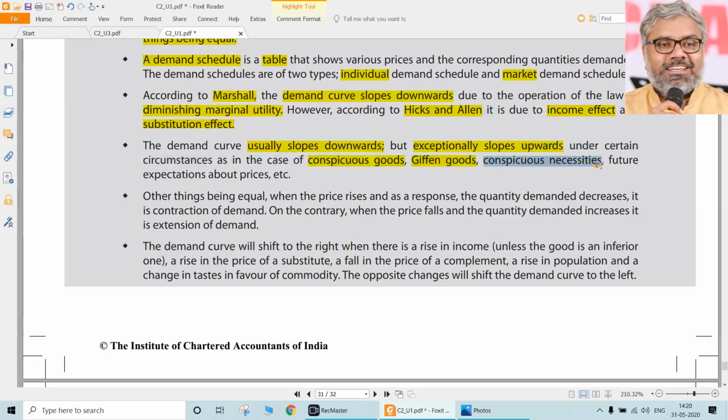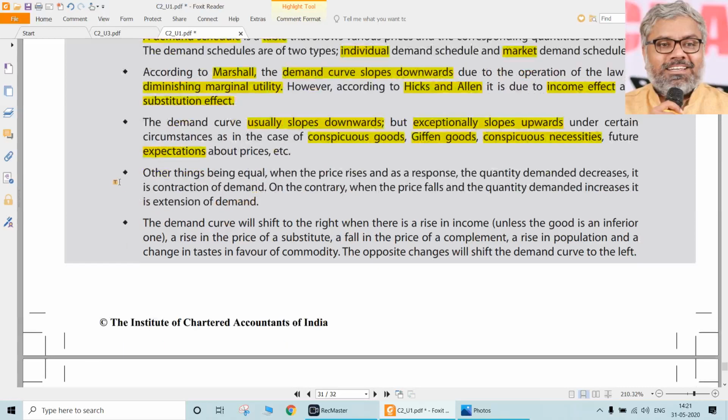For conspicuous necessities also the law of demand may not apply. These are all the exceptions which we discussed in the earlier classes. We can call them all exceptions to the law of demand. And when there are expectations about future prices, then also the law of demand may not apply. In general, it is applicable under normal circumstances, but under certain circumstances, it may not be applicable also. That is also a point to be noted.